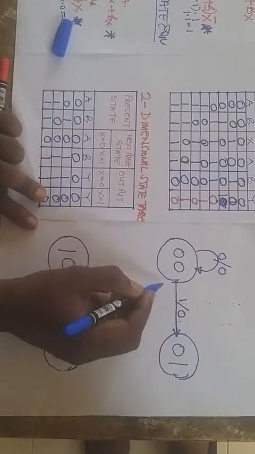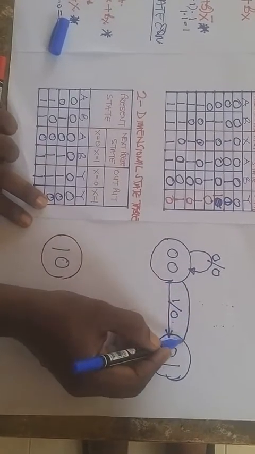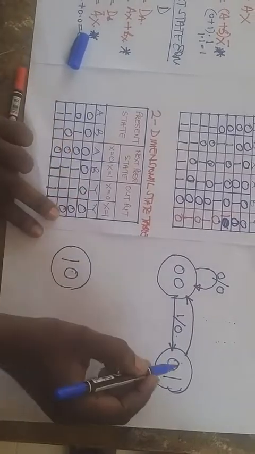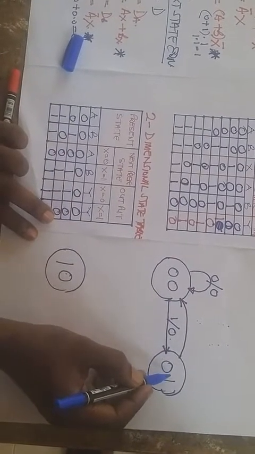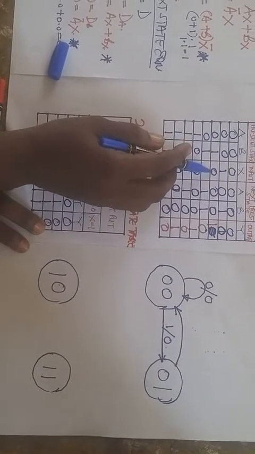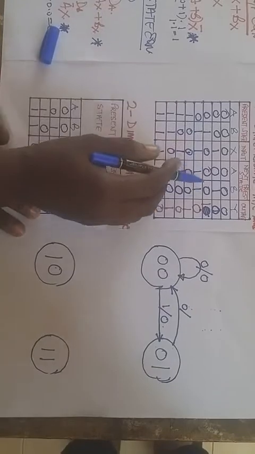You can do it this way or that way, whichever you want. So when it was 01, it came to 00 when the input is 0, and that gave us an output of 1.